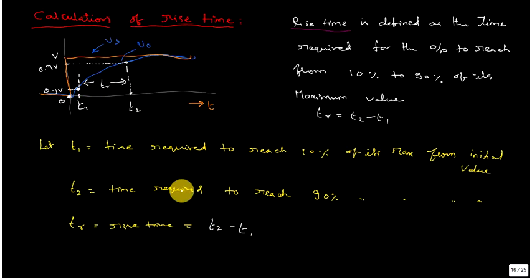Next, T2 is the time required to reach 90% of its maximum value, that is 0.9 V. To reach 0.9 V, how much time it takes, that is T2. To reach 0.1 V, how much time it takes, that is T1. TR is equal to T2 minus T1, and the difference between these two times is the rise time according to the definition. We will see how to calculate T1 and T2.